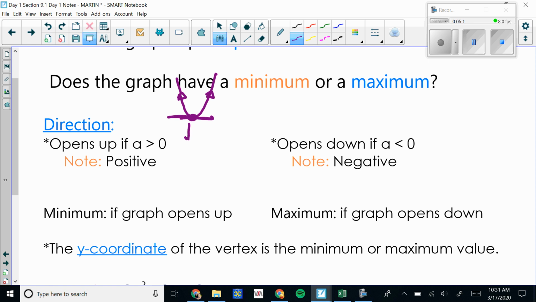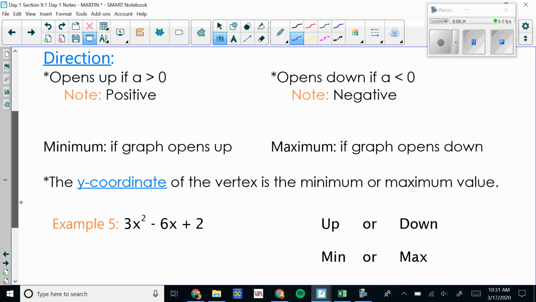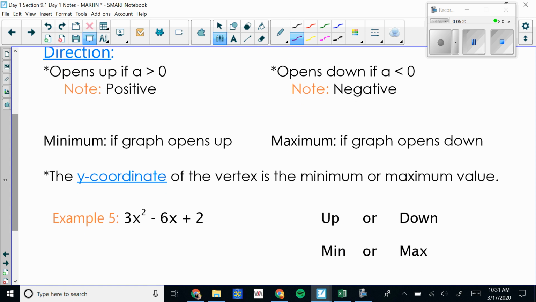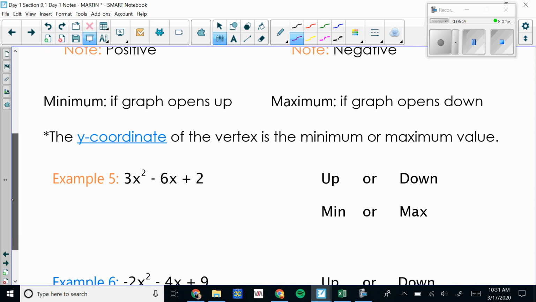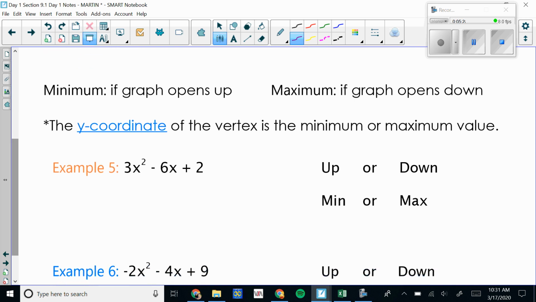Nothing is going to go below it. Let me erase that. Same thing for the negative. If it opens down, it's going to have a maximum. The y-coordinate of the vertex is the minimum or maximum value.